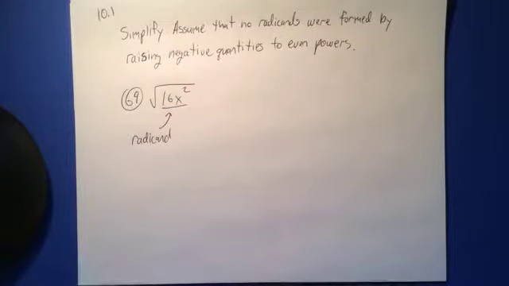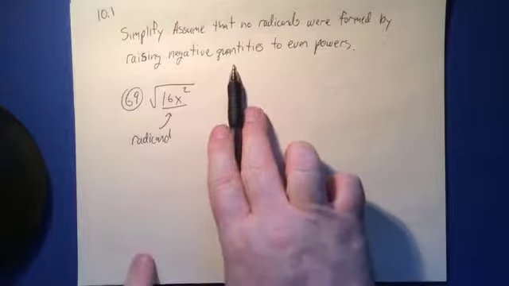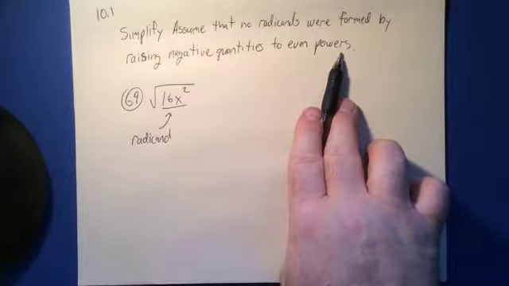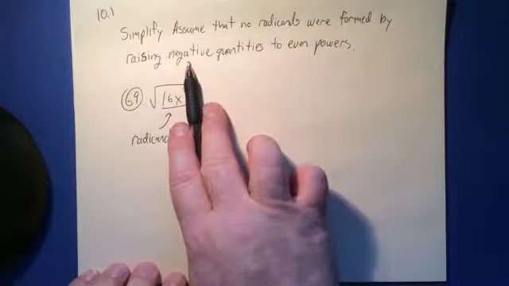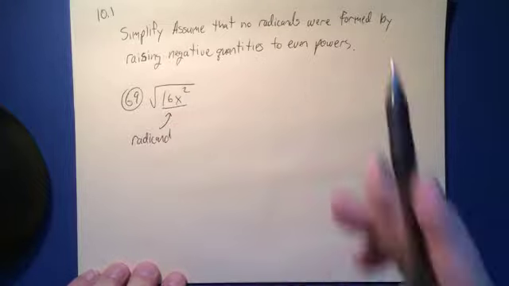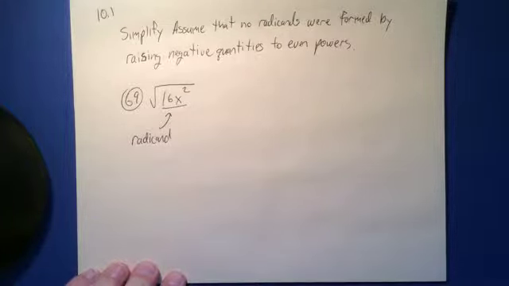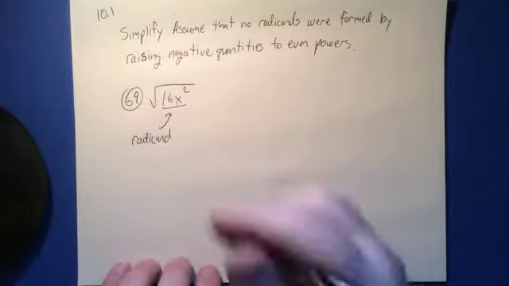And when they tell us that no radicals were formed by raising negative quantities to even powers, we can assume that there were no negative quantities being raised by an even power, and that essentially allows us to not have to include the absolute value symbol around it anymore.